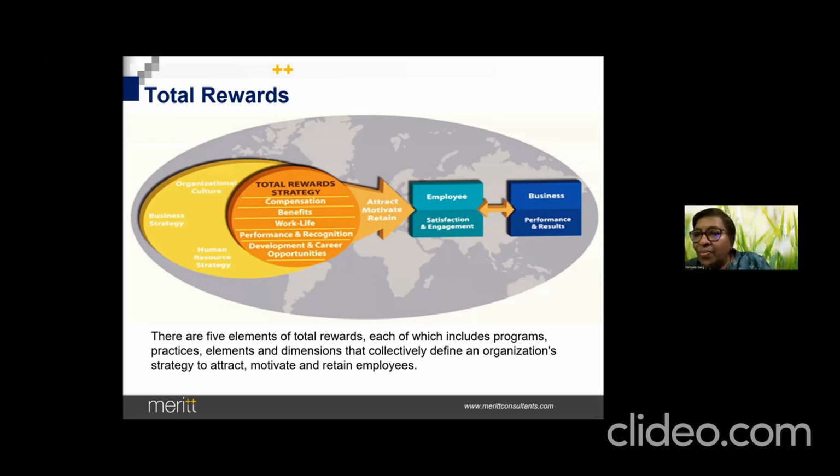You're not looking at just benefits in isolation. Okay? Gone are the days when they would do that. You have to look at them in an integrated way. Are you with me, guys? You have to look at all of them in an integrated way. Why? Because it's only then that you are able to give value to the employee.